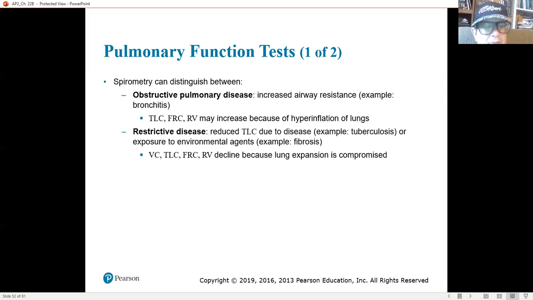Lungs are more inflated than normal. If you have a reduced total lung capacity, like tuberculosis, or exposure to environmental agents that cause fibrosis, then you're going to have reduced vital capacity, reduced total lung capacity, reduced functional residual capacity, and reduced reserve volume because your lung expansion is not working well.